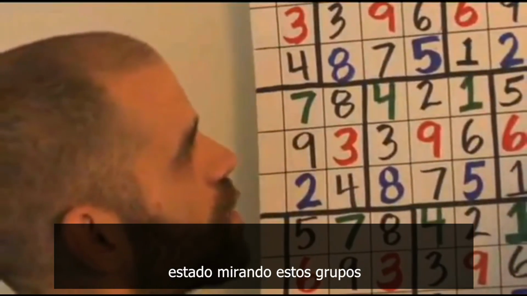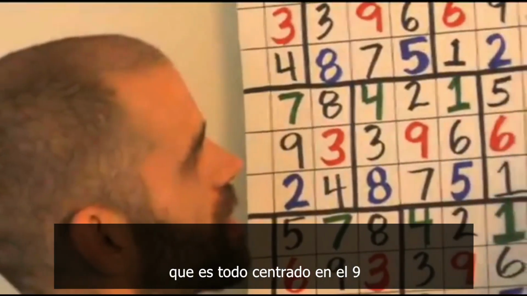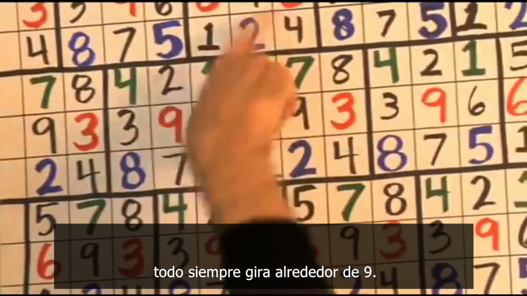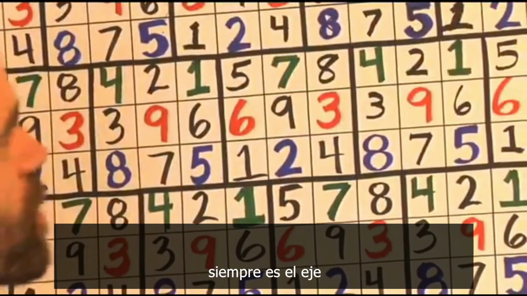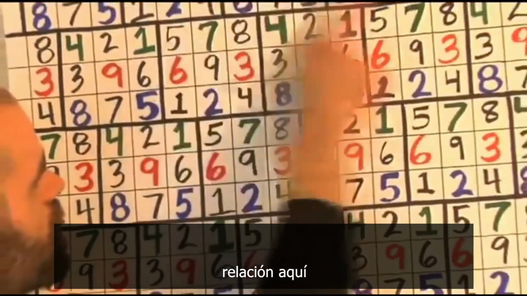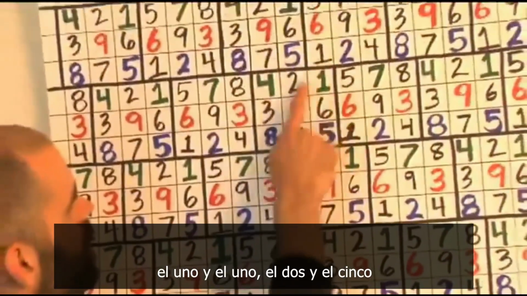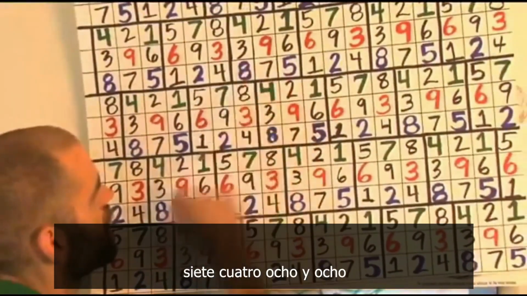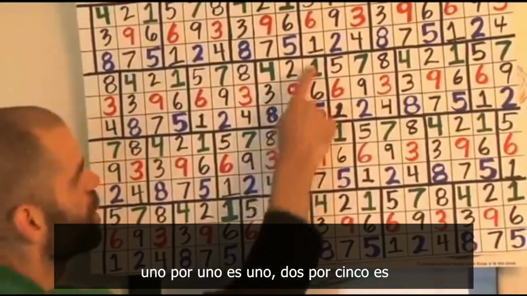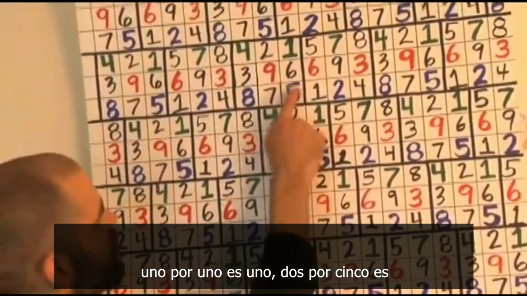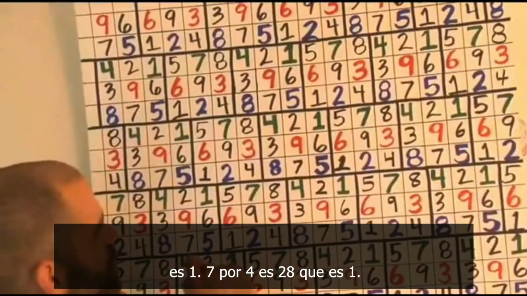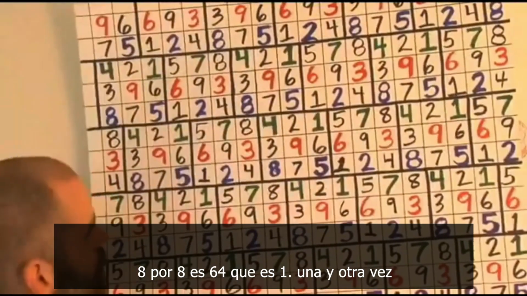Now, we've been looking at these groups, which is everything centered on the 9, and these are the main groups. Everything is always spinning around 9. It's always your axis. What I also have, though, is this relationship here, the 1 and the 1, the 2 and the 5, 7, 4, 8, and 8, which are our reciprocals that we learn on our symbol. 1 times 1 is 1. 2 times 5 is 10, is 1. 7 times 4 is 28, which is 1. 8 times 8 is 64, which is 1.